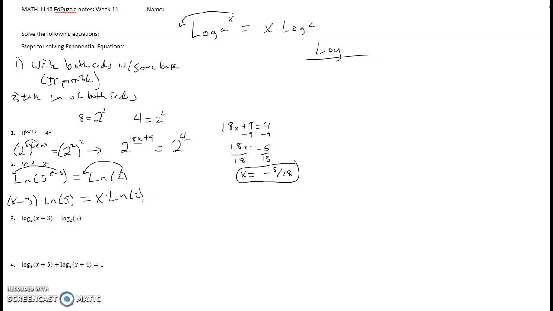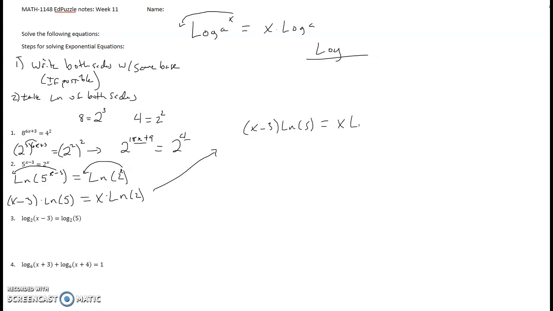Now, we're going to use the same concept that we talked about when we worked on inverses, but I'm going to rewrite this. So this is x minus 3 ln of 5 equals x ln of 2. Now I'm going to distribute the ln of 5 to both things, so it's going to be x ln of 5 minus 3 ln of 5 equals x ln of 2.